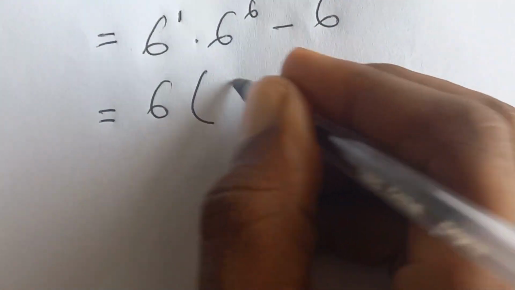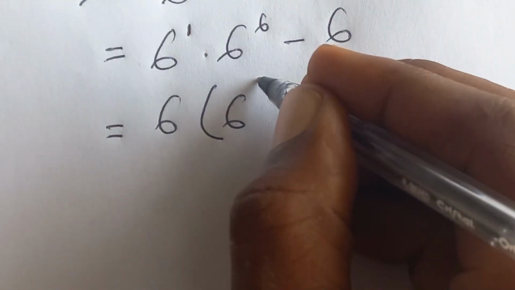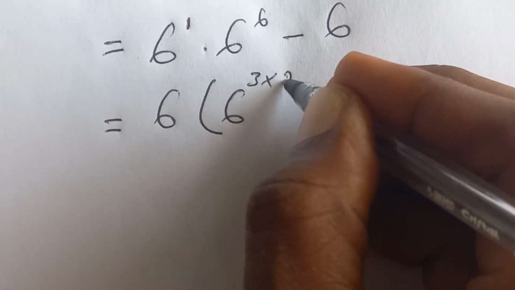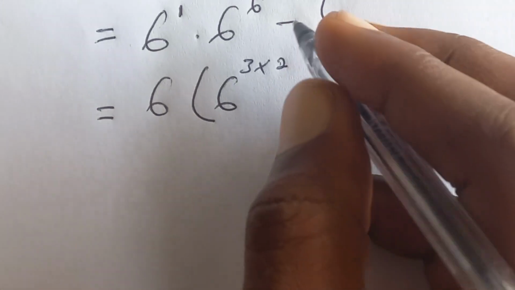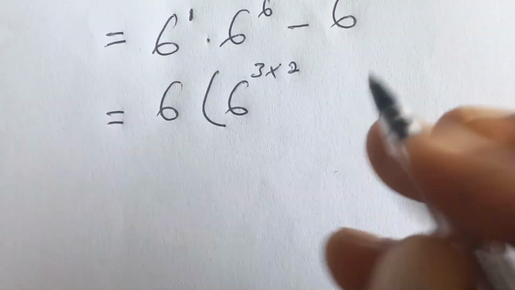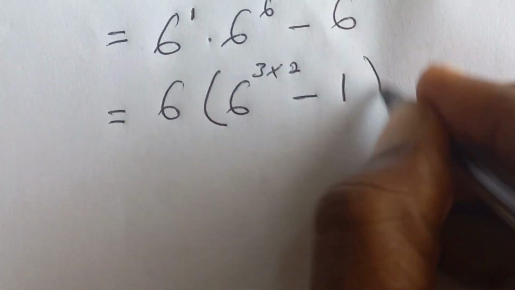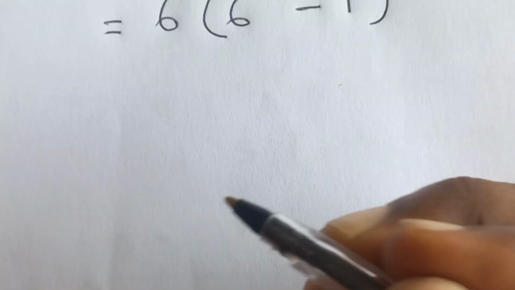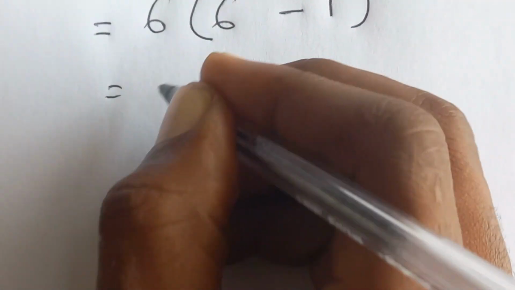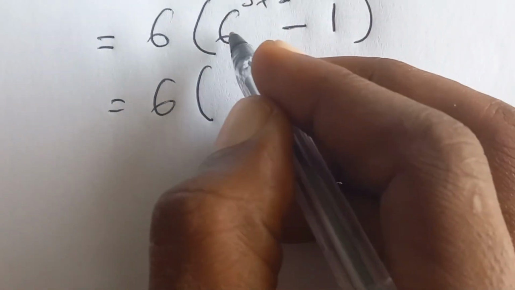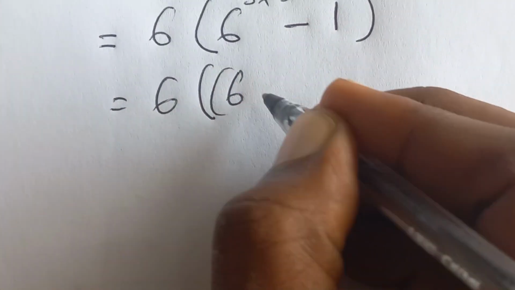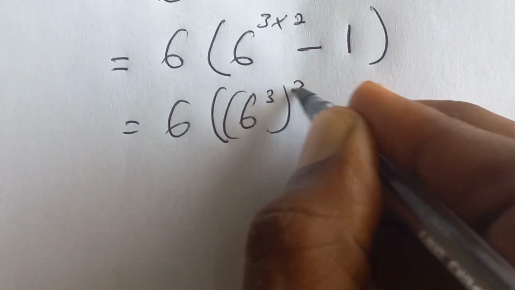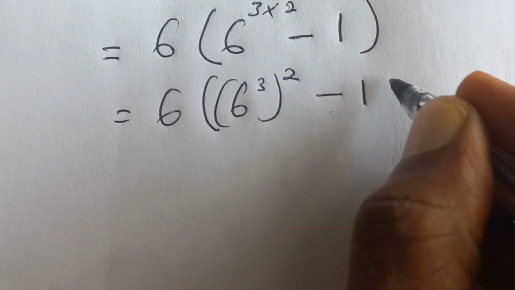Consider 3 multiplied by 2, which is the same as 6. Then minus 1. Now, we can say that this is equal to 6 into bracket, exponent 2 minus 1.